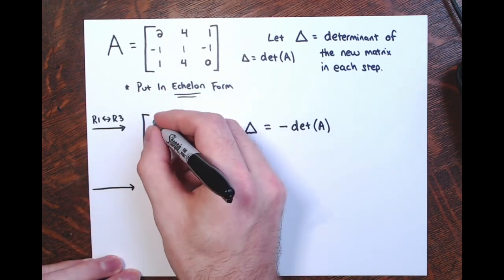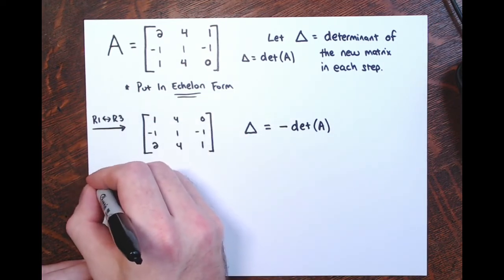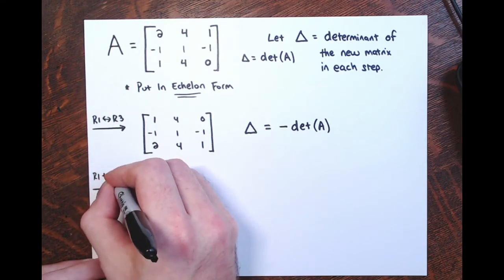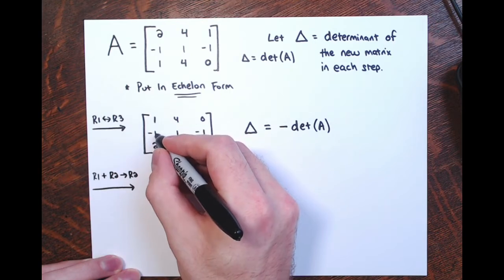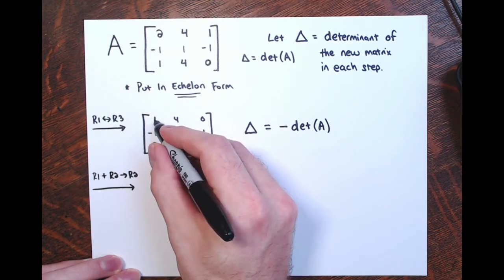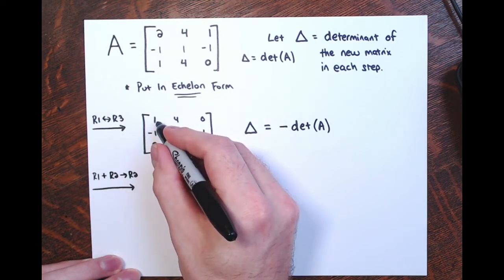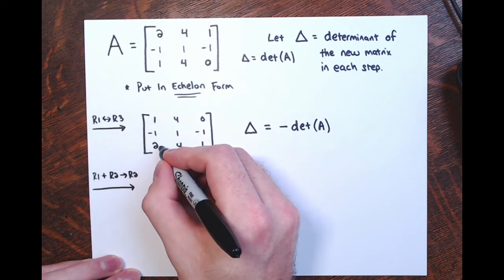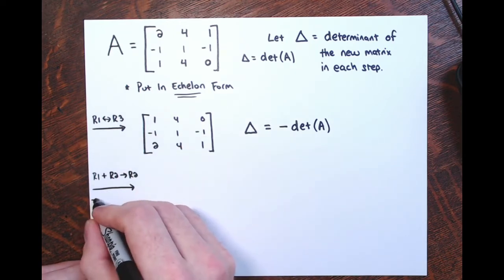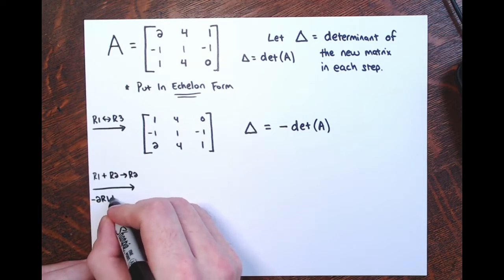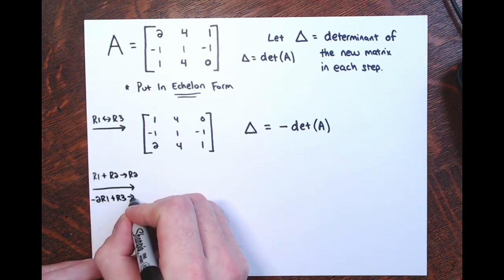I could take row 1 and add it to row 2 to get a new row 2. That'll make this entry a 0 here. And then I would take negative 2 times row 1 and add it to row 3 to get 0 in the third row first column. So negative 2 times row 1 plus row 3 gives me a new row 3.